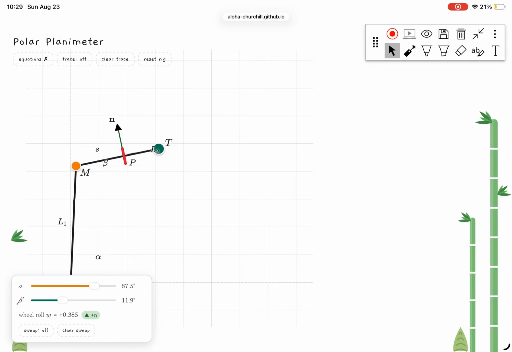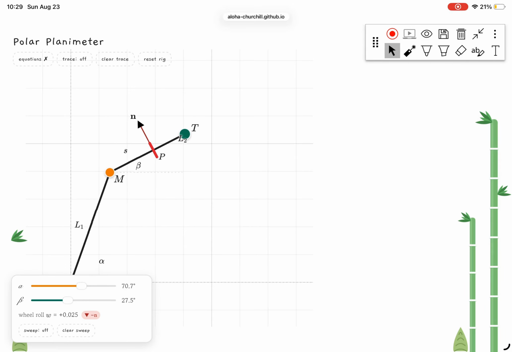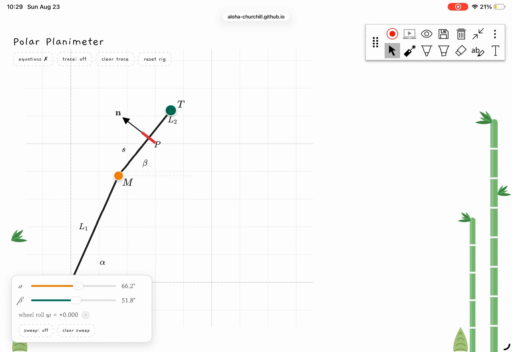You can also see the angles alpha and beta changing, but that's really for demonstration purposes. In a real planimeter, we would not have access to these angles, only to the total signed amount that the wheel has rolled. And this idea that we can somehow get the area from this variable W is the core idea that will guide our proof.